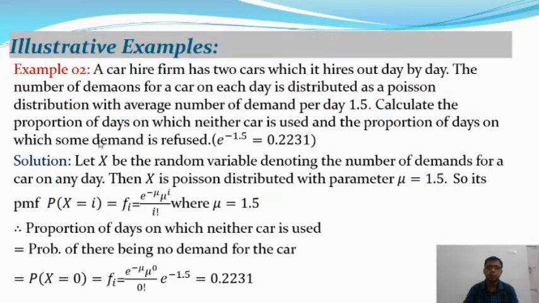Calculate the proportion of days on which neither car is used and the proportion of days on which some demand is refused. That means from this problem we are going to find the probability of x is equal to 0, that means the proportion of days on which neither car is used, and probability of x greater than 2, that means the proportion of the days on which some demand is refused.